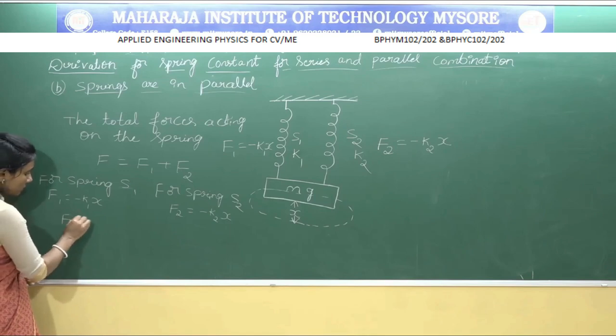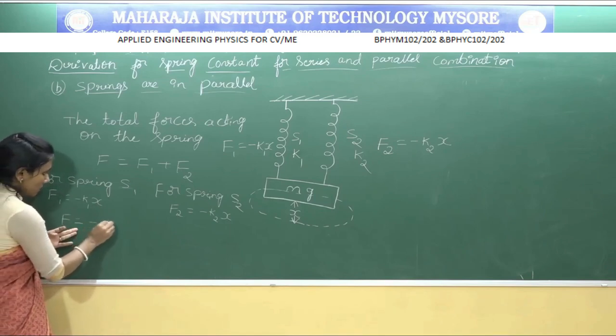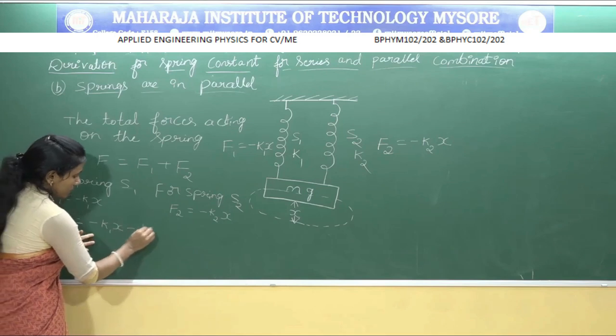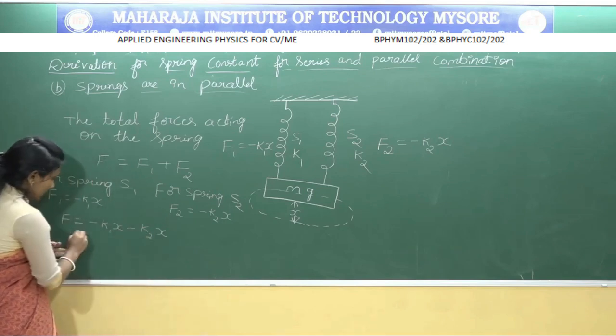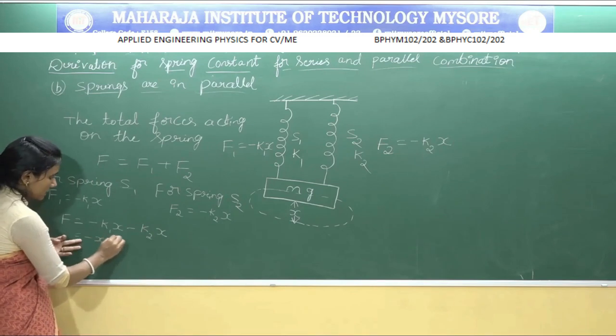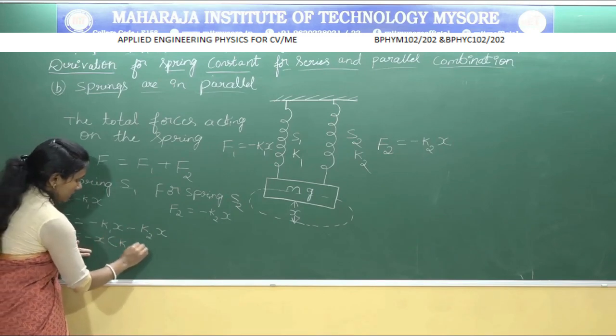If we substitute in the above equation, we get F is equal to minus K1 x minus K2 x. Taking the common factor outside, that is minus x of K1 plus K2.